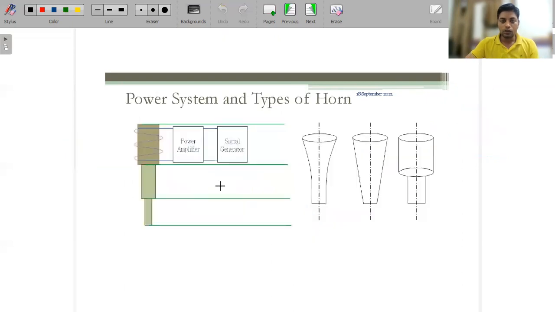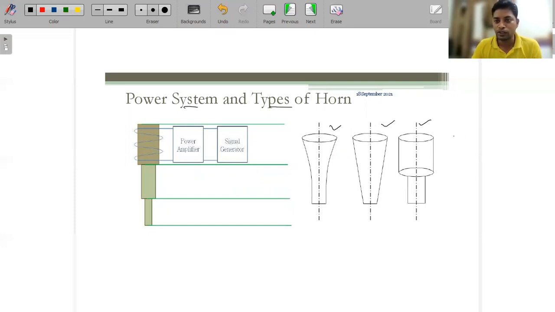Okay guys, let's discuss the power system and the types of horn that we are using. Here are the different types of horn. A horn is a kind of prismatic bar, but according to shape and size, as I mentioned, only these three are suitable, and the amplitude has already been measured.